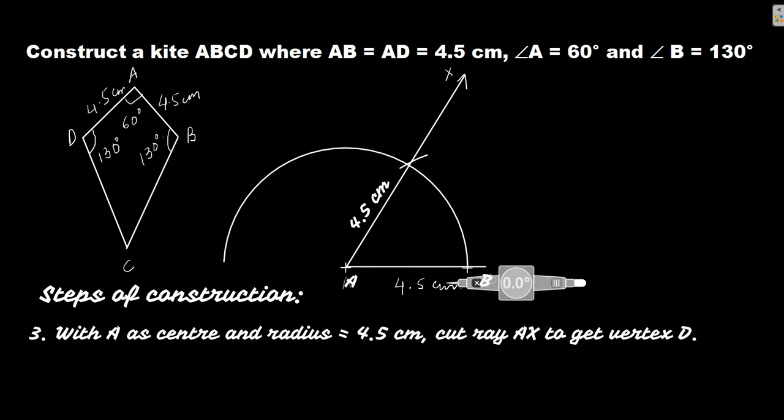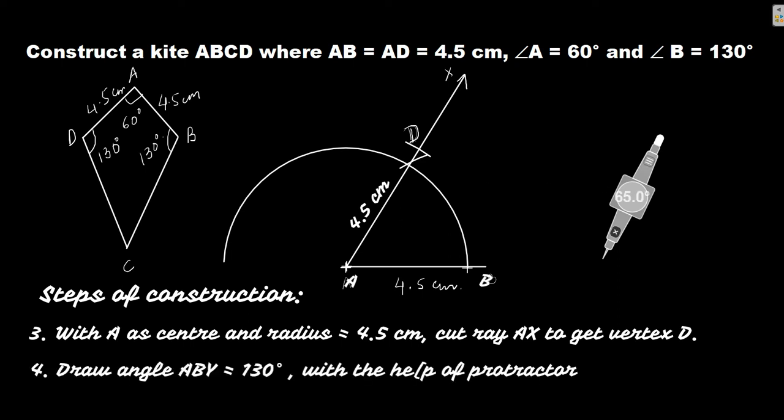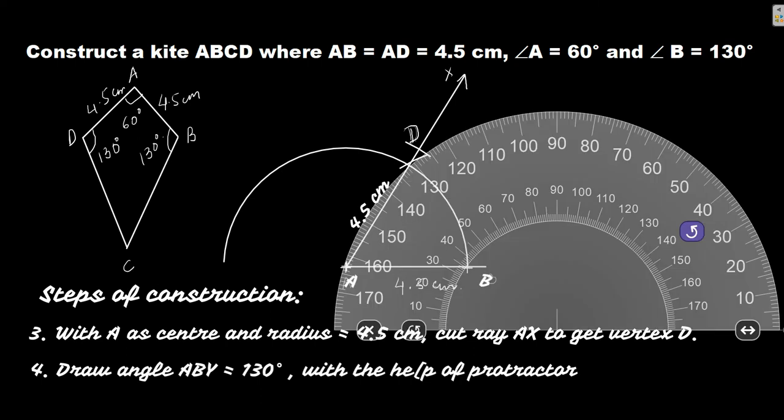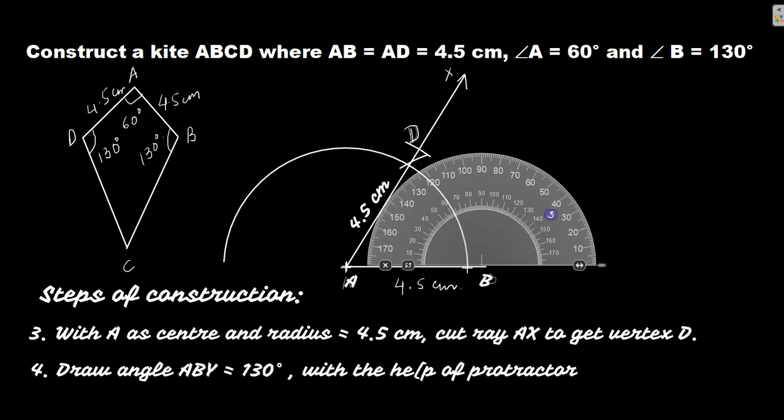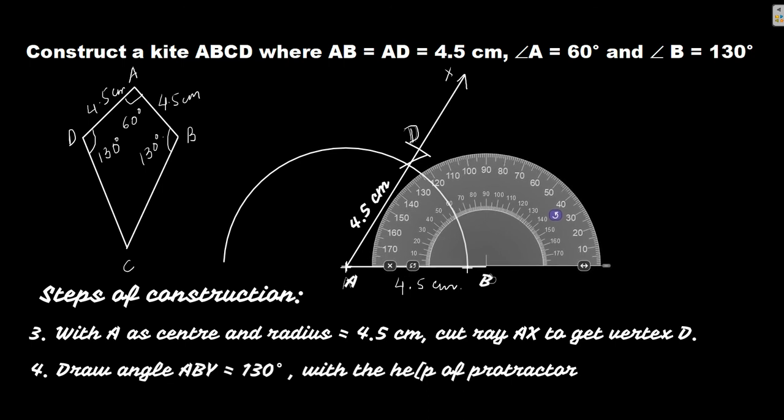Now AD is equal to 4.5 centimeters. So with A as center and radius equal to 4.5 centimeters, cut the ray AX to get vertex D. Now we'll draw angle B equal to 130 degrees with the help of a protractor. You can see there are two scales on this protractor.